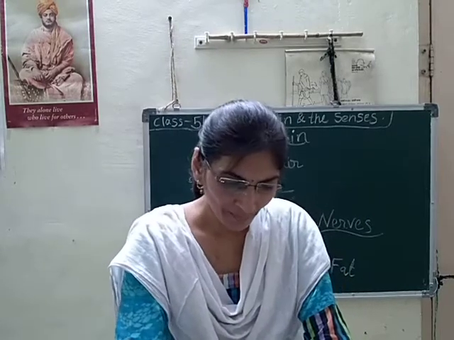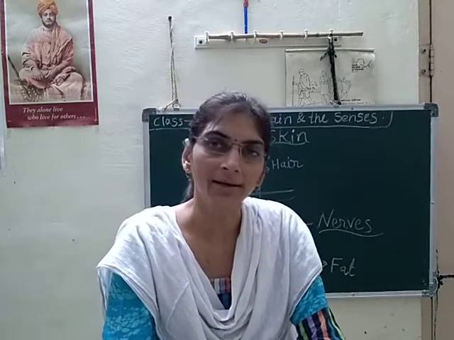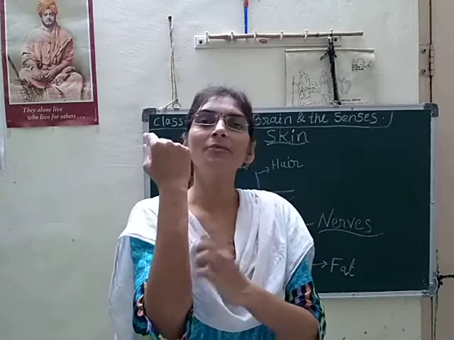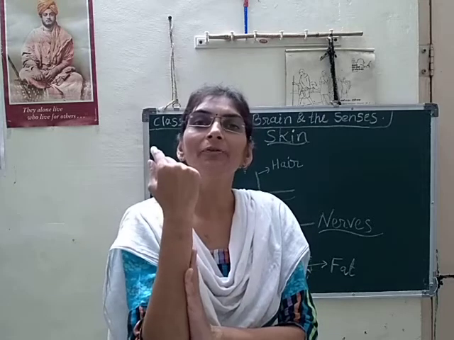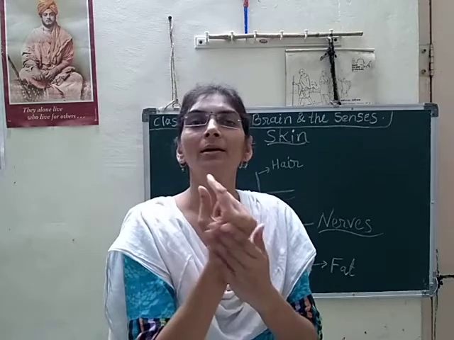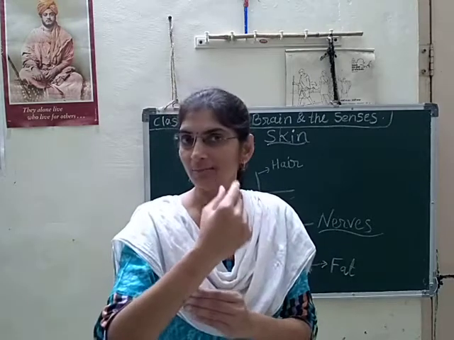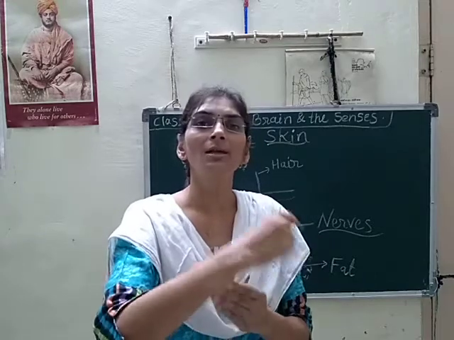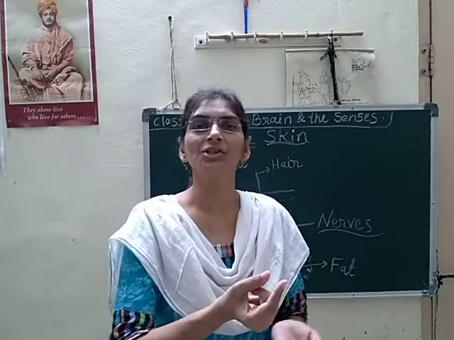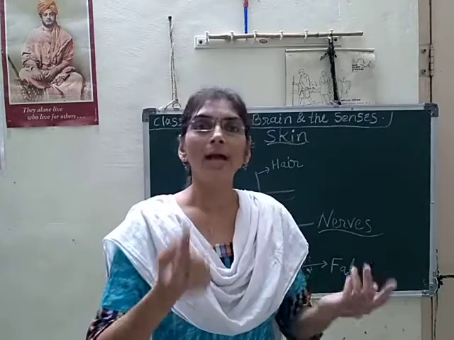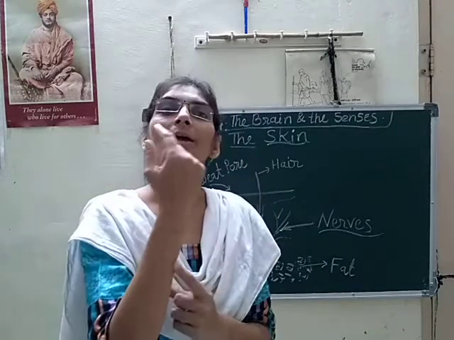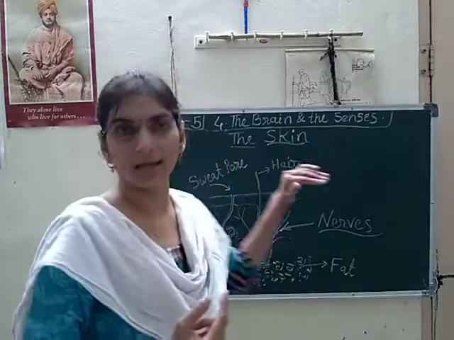So here we will see our next sense organ, that is the skin. We know, what is the function of our skin? It feels touch. Whether we are touching a hot substance, very cold things or normal things, hard, soft, whatever, that sensation of touch we get through the skin.